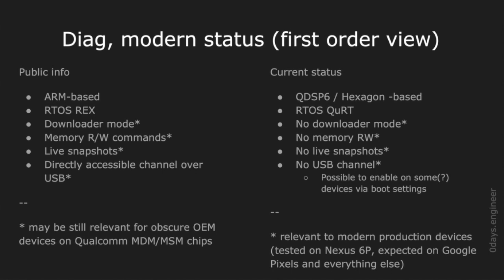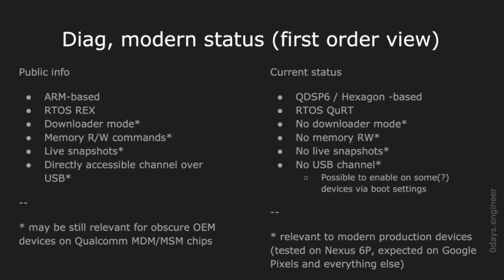Majority of super powerful commands of Diag, such as downloader mode and memory read-write, were removed, at least on my device. And also it does not expose any immediately available interfaces, such as USB channel.